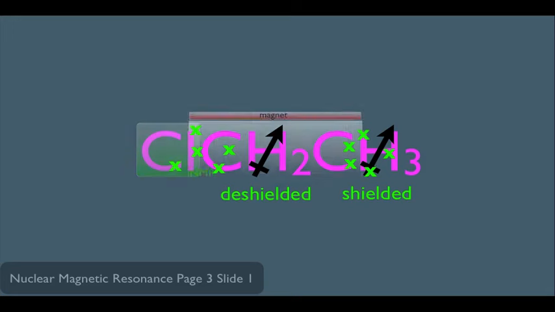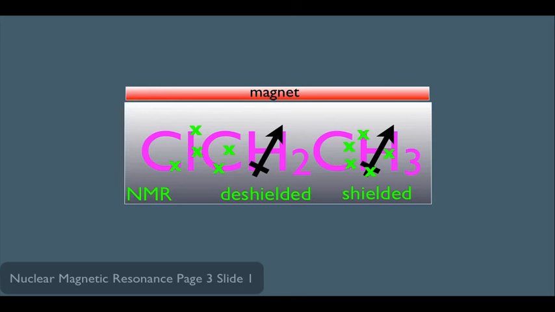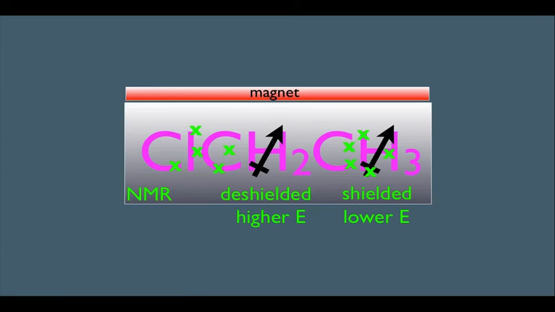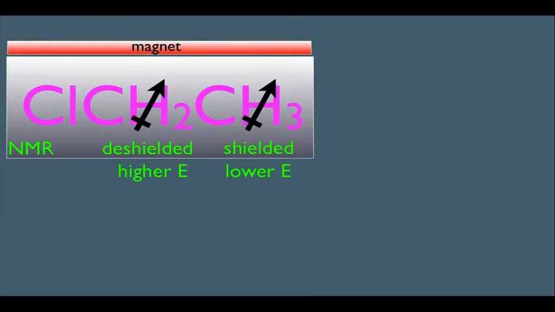So, let's do this. Let's pretend we take our molecule and stick him in the NMR machine. What we saw, remember, is that if you are a hydrogen that is more shielded, it takes lower energy to bring you into resonance. And again, if you're a more de-shielded H atom, then it takes a higher amount of energy to bring you into resonance. So, what would the HNMR spit out as its data for this sample molecule? Well, let's see here. Let's label our hydrogens first.